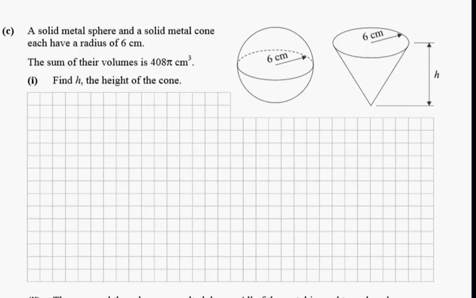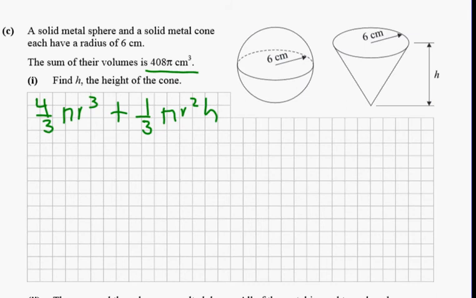Last one. Thank God. Now, we have a sphere and we have a cone, and it says that when you add them both together, it's 408 pi. Ready? So, the sphere is this much, and the cone is this much here.